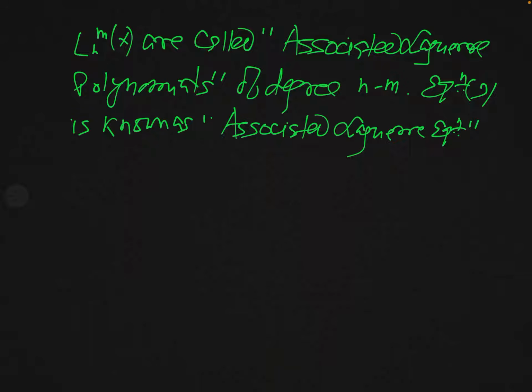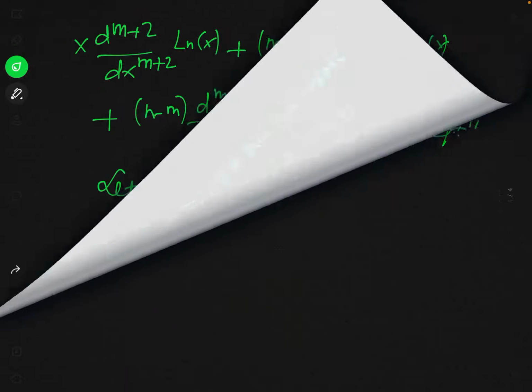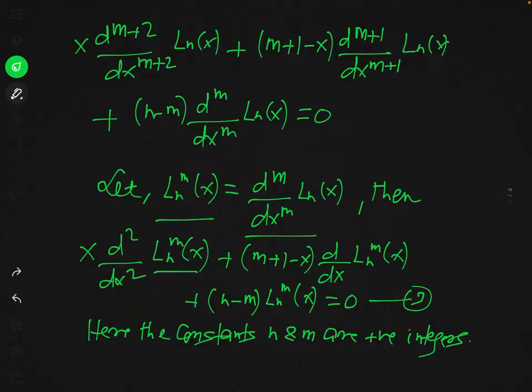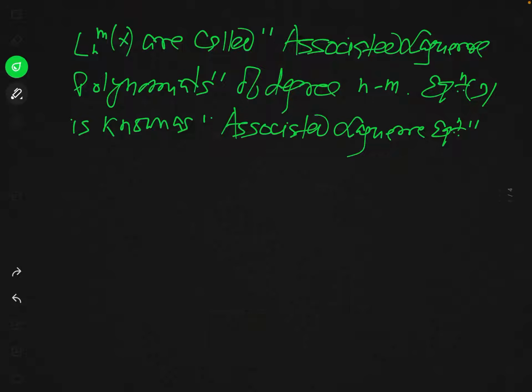So you can see we have defined the solution of this equation as L_n^m(x), which is actually known as associated Laguerre polynomials. So now we will see the expression for associated Laguerre polynomials.